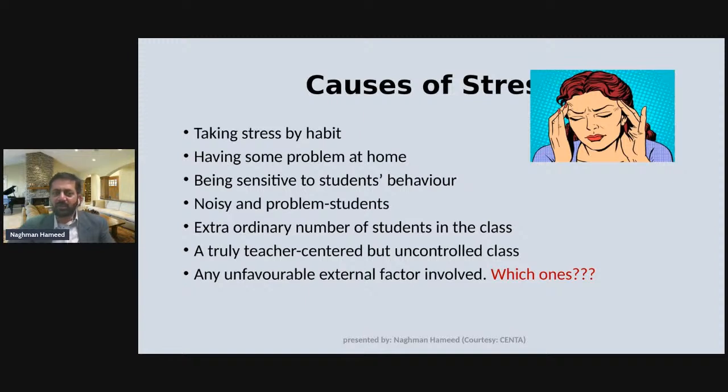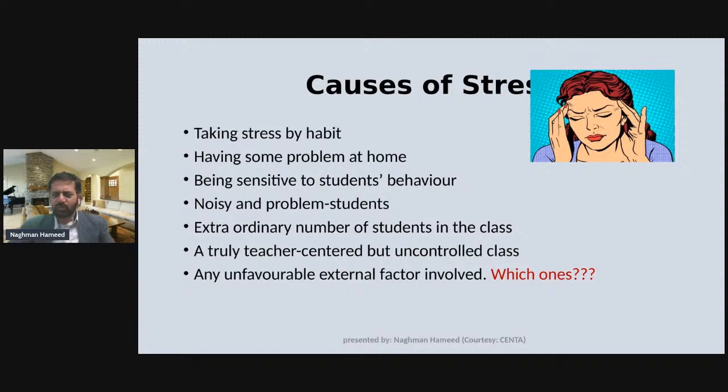But let's see, taking stress by habit. Some people take stress. They are in the habit of that. I'm afraid to say there are a few in my family as well, right? So as a habit, they take stress. They get upset on a very slight variation in life routine.